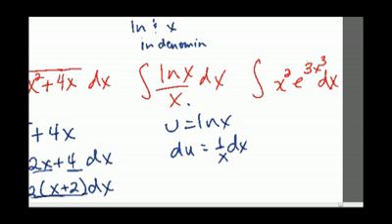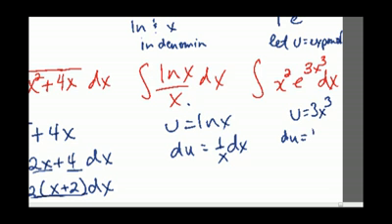Okay, and then here, if you have an e, if there's one e, you'll let U equal the exponent. And if you can derive it, in this case, the derivative of 3x cubed is an x squared term. So yes, that would work for U substitution.